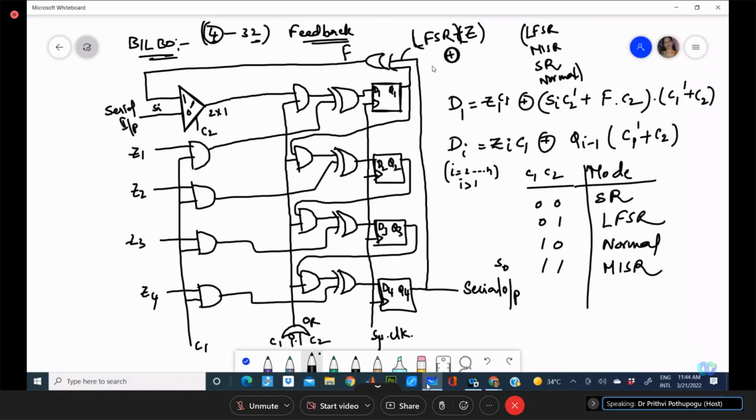Then the response gathered will be applied to the LFSR. That means, what is the pattern that you are getting? Is it same as the fault-free response or different from that? It will be given by this XOR output. If it is 0, it says that they are same. If it is different, then we can say that there is an error happening at that particular bit.